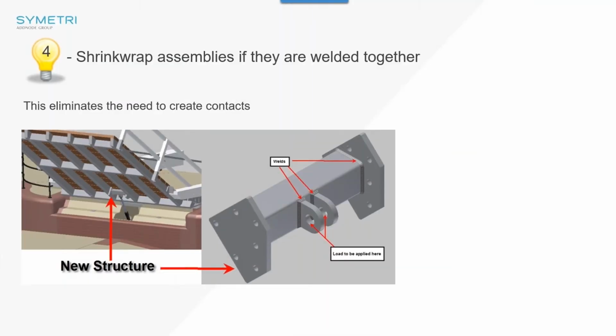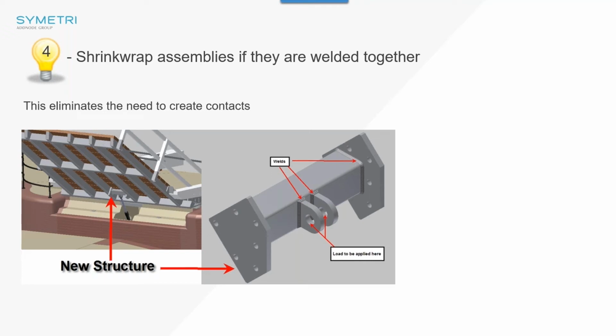Okay, the next one is more to do with Inventor commands. Basically, when you have a weldment, I don't know how many people listening to me here use weldments inside Inventor. If you are doing it, then I would recommend that you shrink wrap it into a single component.